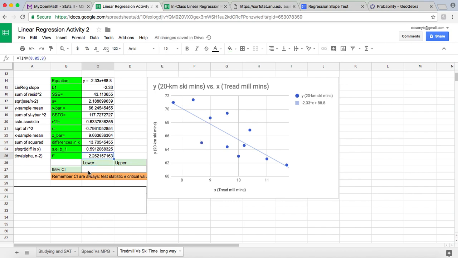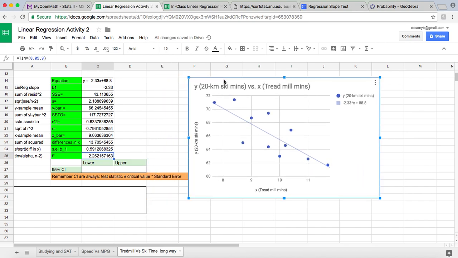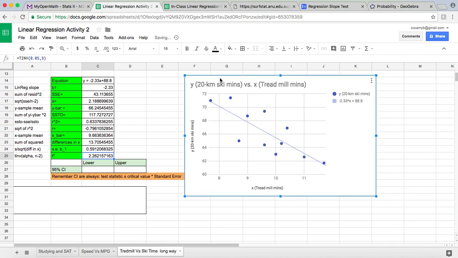Okay, so remember confidence intervals. Oops, I moved this over in a way where we can't see it. So I put a little reminder for you about how to build your confidence interval. Doesn't matter what confidence interval we're building, it's always our test statistic plus or minus the critical value times the standard error.